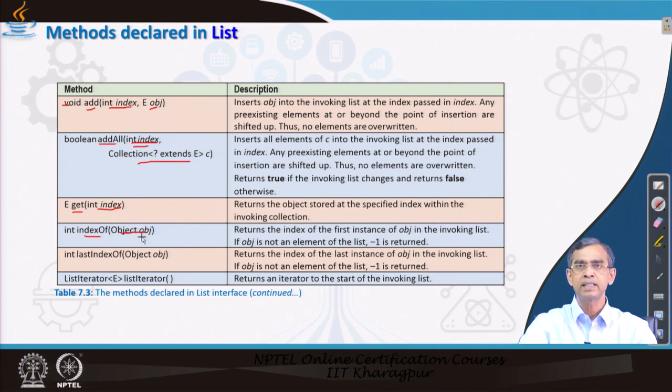And last index of, as the name implies, indicates in the list the location of the last element. The list may contain duplicate elements, so last index of indicates the last occurrence of the element.